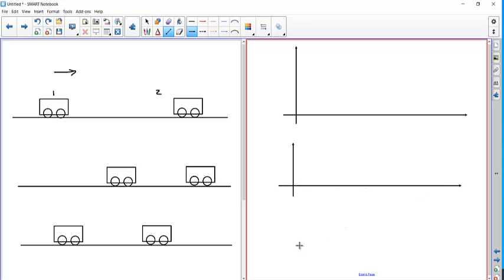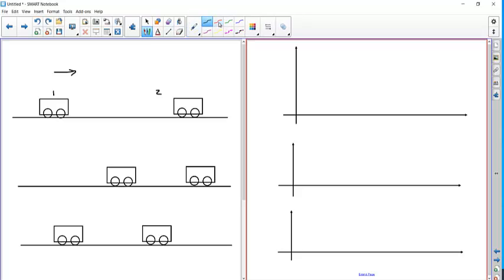Now for the 2 elastic collisions, the perfectly elastic collision and then the other one, what's going to happen is that the initial cart 2 will initially be stationary, so we'll have a 0 velocity.